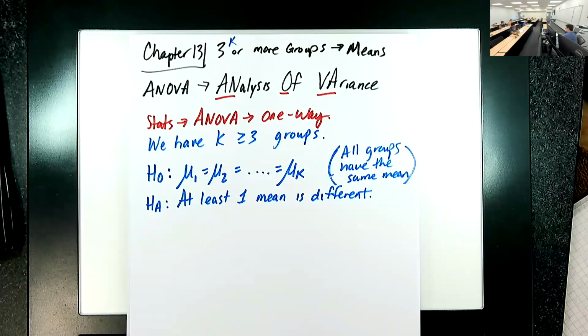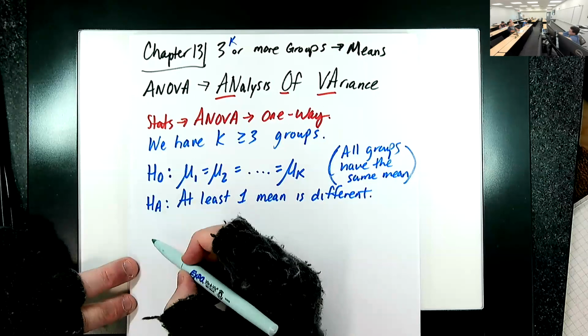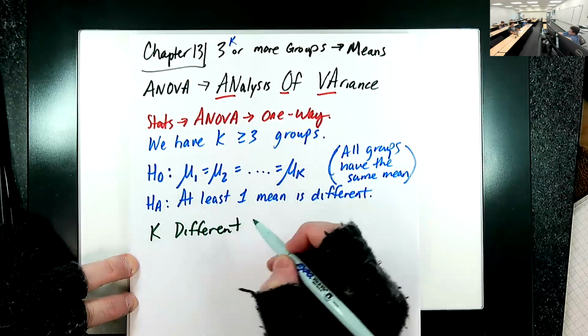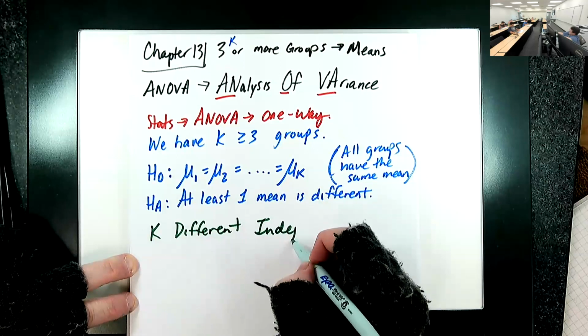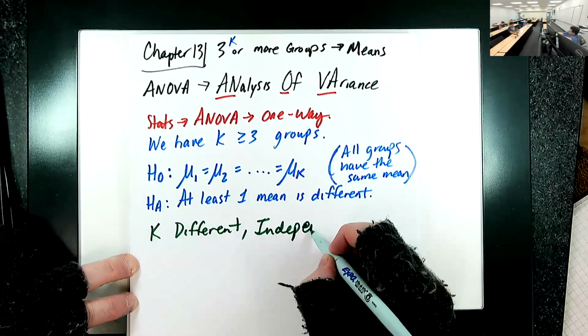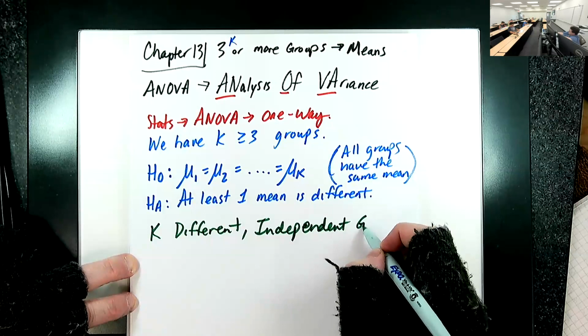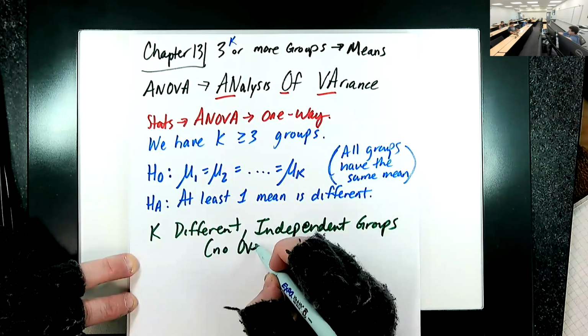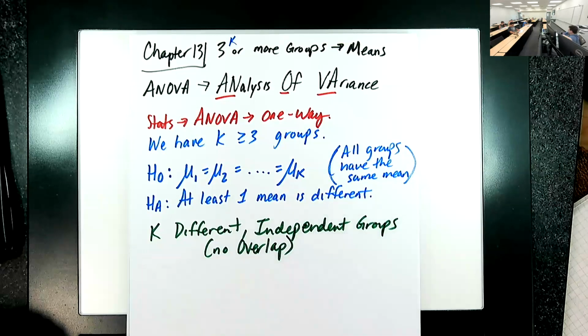Now, the K groups need to be different. K different groups, independent groups, like no overlap. There can't be someone that's in 2 different groups. That's a requirement.